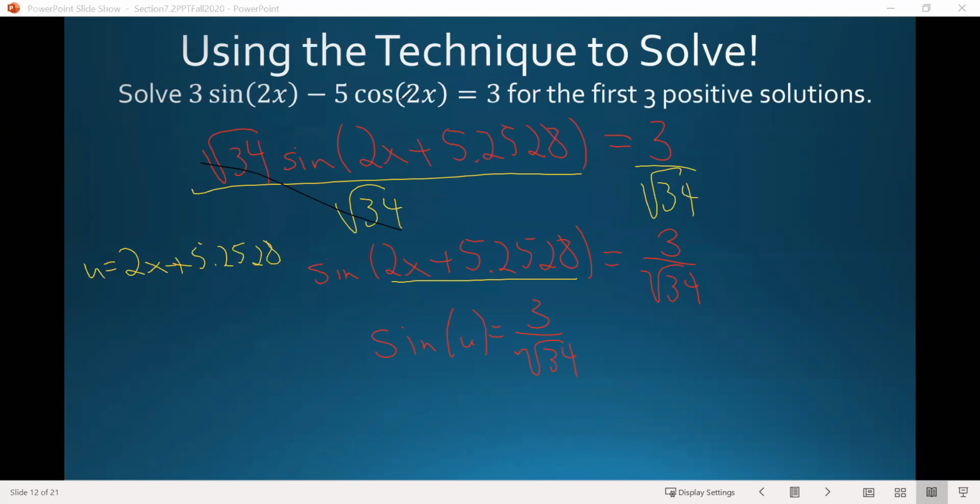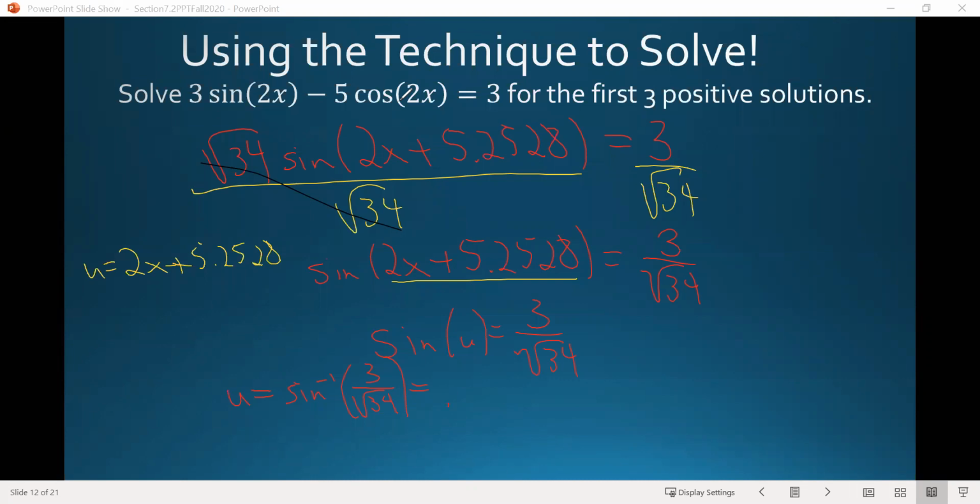So then we know we can use inverse sine here to help us find our answers. Now, I'm not going to go through all the specifics of this because we've done this before, but note that we're taking the inverse sine of a positive ratio, which tells us we should get answers in both the first and the second quadrants.